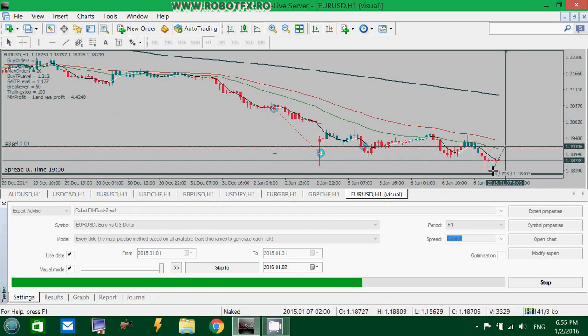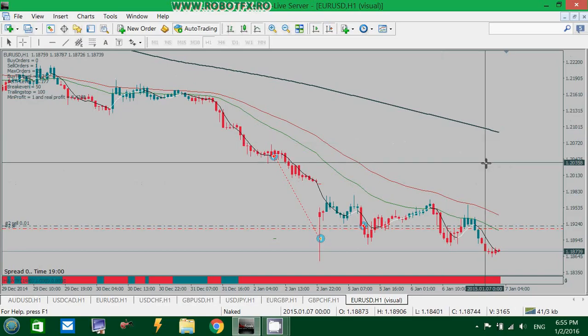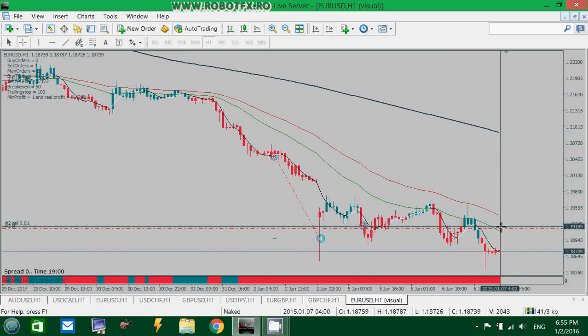once it reaches 50 points. We have a break even set at 50 points, by the way, 50 pips, I'm sorry, not points. And once the price moves 50 pips away from the entry price, it will set the break even, to activate the break even, which has a buffer of 5 pips.